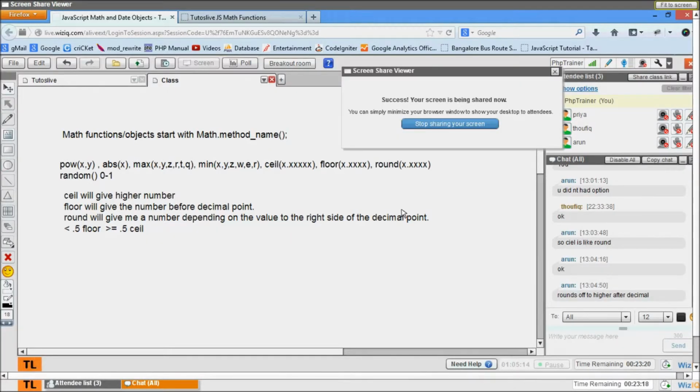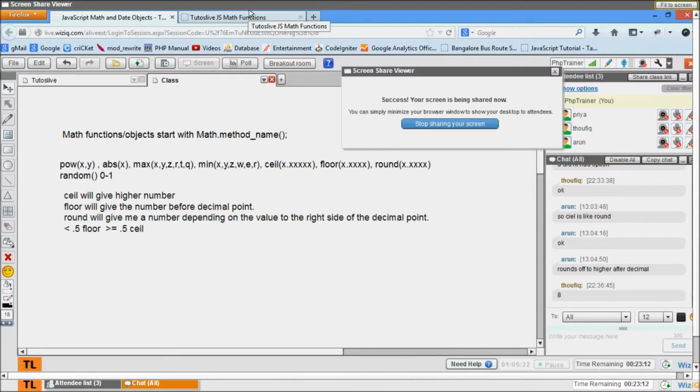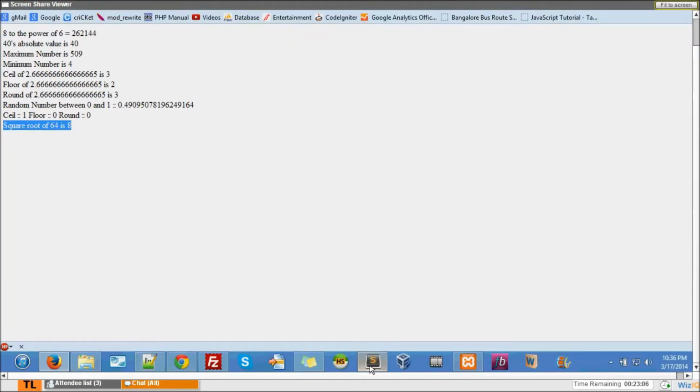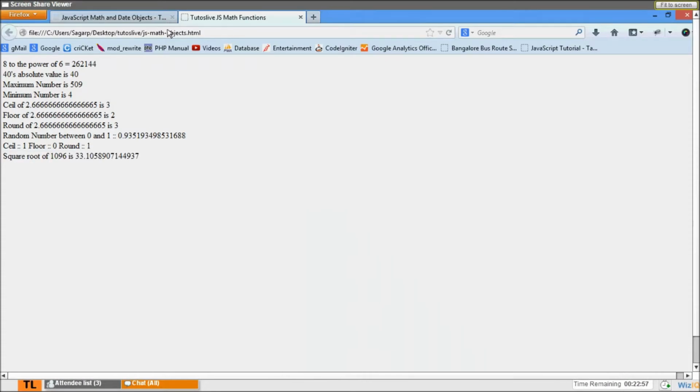Square root of 64 is 8, it says. Great. So let's take one complex number here. I don't know, 1096. Does it have a perfect square root? No. So 33.10, it gives me a number. So I can ceil it off, I can round it off, I can floor it off. That's how the square root function is used.